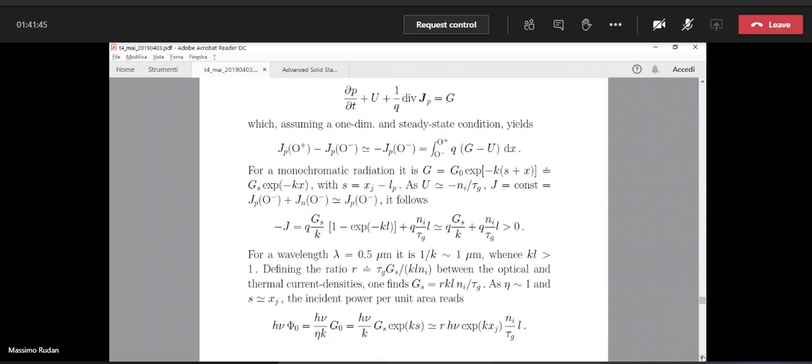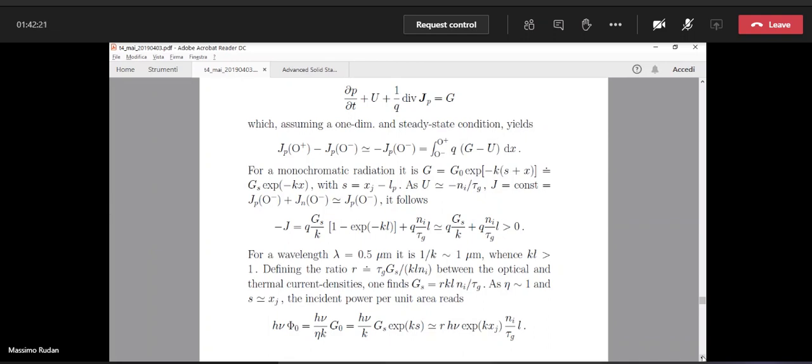So on top of the page, you see the continuity equation for the holes. In the usual form, we have the derivative of the hole concentration plus the thermal net recombination plus 1 over Q divergence of JP. And at this point, we must add to the right-hand side the optical generation, okay, that we never considered before.